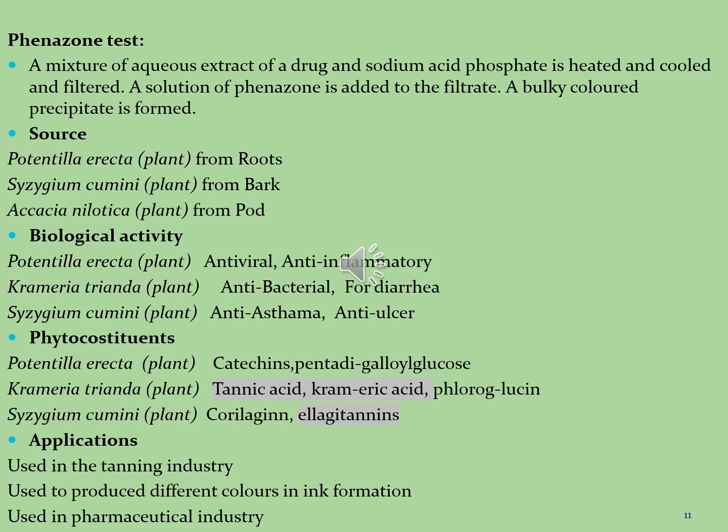So, we discuss some important phytoconstituents which are found in these plants, and these phytoconstituents are tannic acid, fumaric acid, and ellagitannins. So here we discuss some important phytoconstituents, their uses, and isolation sources. The first phytoconstituent is tannic acid. Tannic acid is found in the seeds, bark, cones, and heartwood of plants.